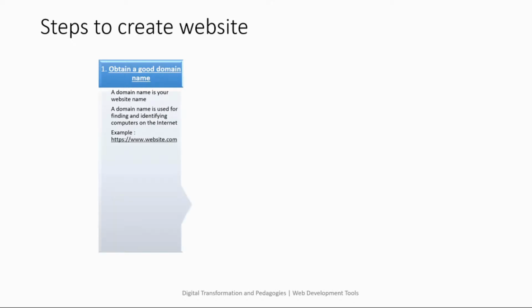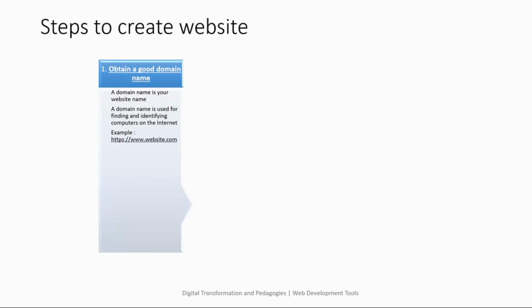Now, what are the steps to create a specific website? The first is to obtain a good domain. A domain name is nothing but a website name or a web address, as we know, and it is used to identify computers on the internet.